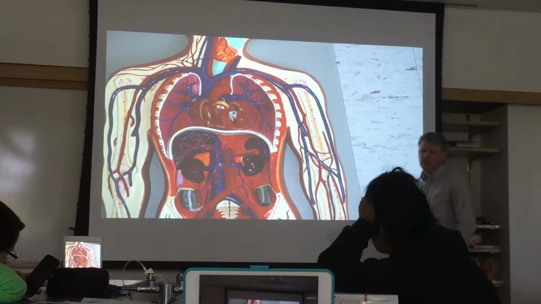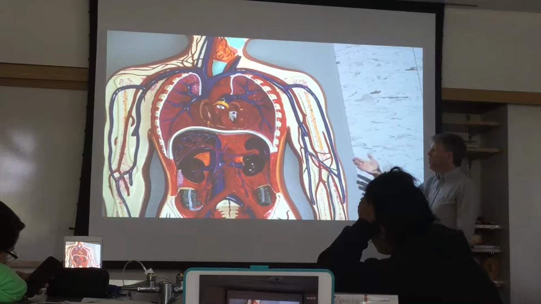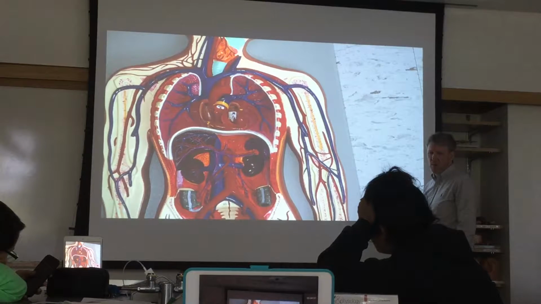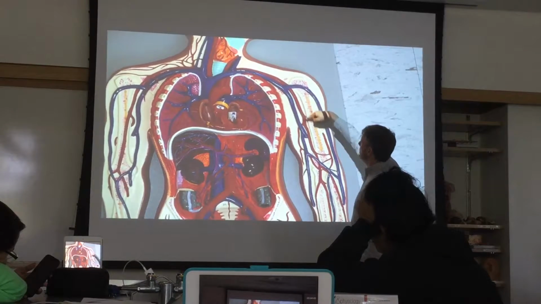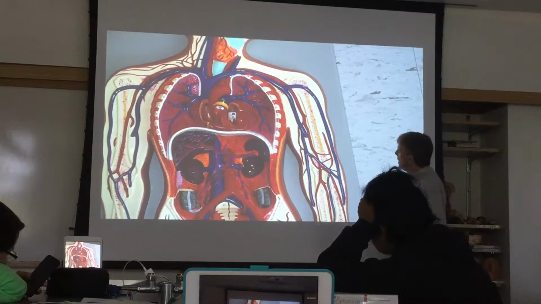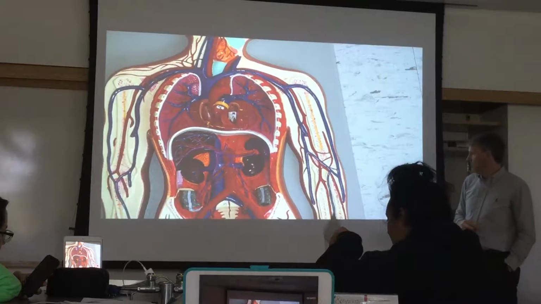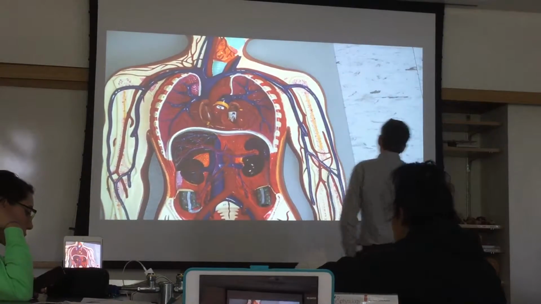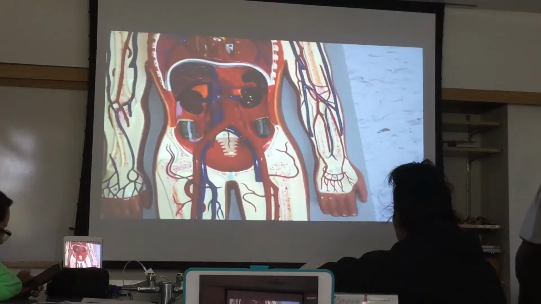There are muscular boundaries that determine when the name changes, but unfortunately on this model, on most of the diagrams, they don't show those muscles. But when you get around into the armpit region, it changes its name to what? Anyone know? Axillary. It's called the axillary artery. And then as you get further down in the arm, it changes to the brachial, okay? It's going to go down in the arm.